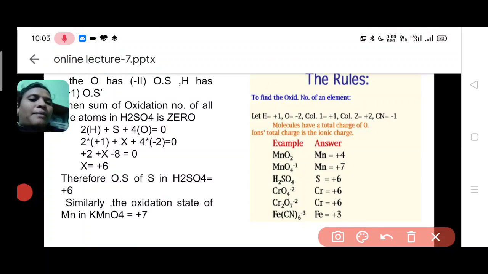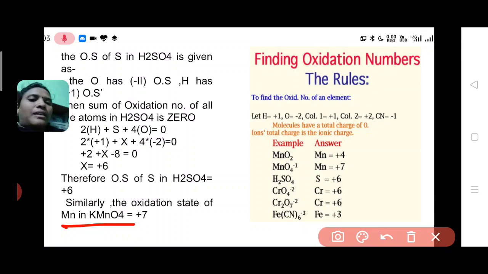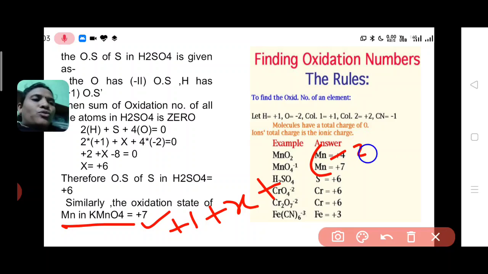Same way you can calculate the oxidation state of KMnO4 easily. The oxidation state of manganese in KMnO4 is plus 7, because the oxidation state of potassium is plus 1, manganese will be X, and oxygen has minus 2. The number of oxygen is 4 times.